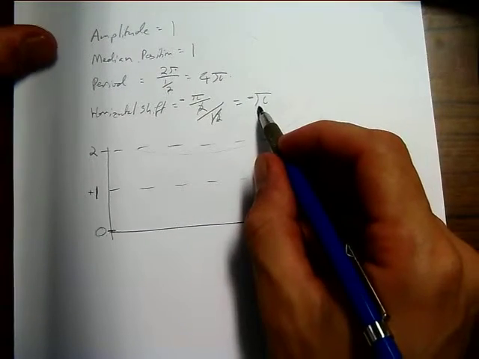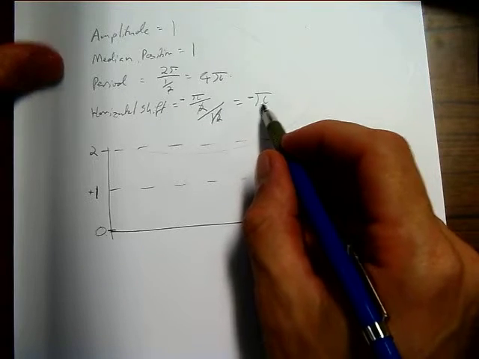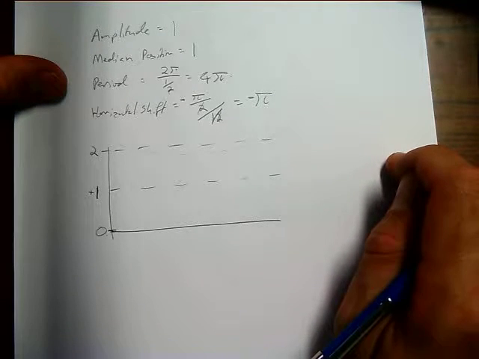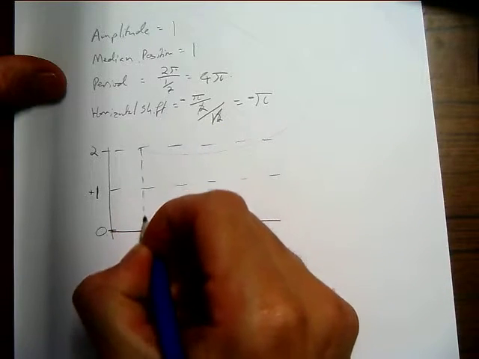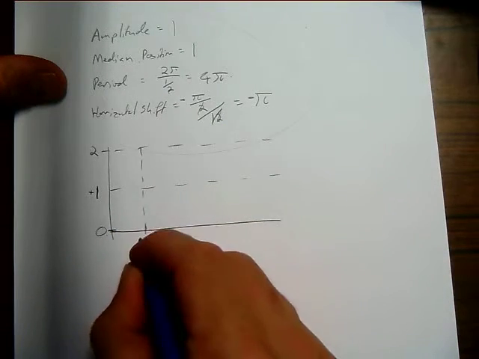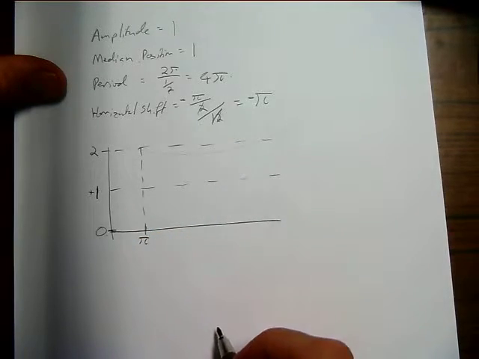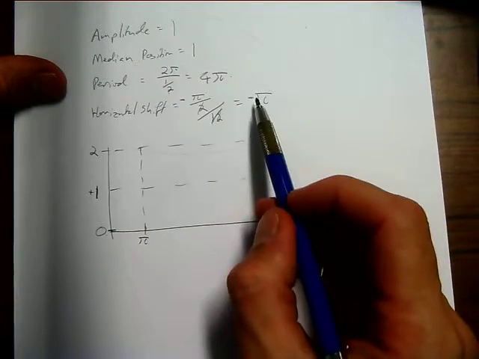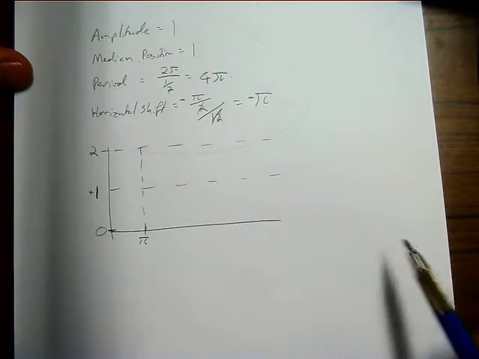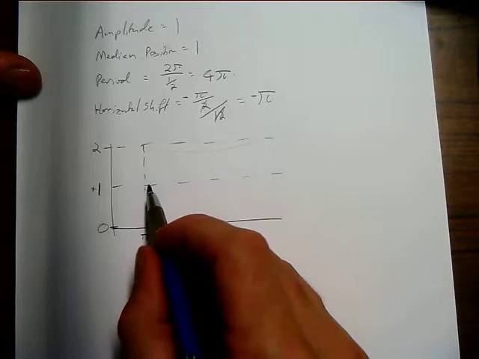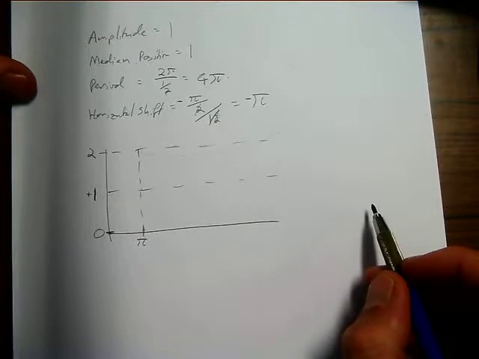Our horizontal shift, we're going across by pi. So we're moving across, that's pi there. Which way are we shifting, to the right or the left? To the right, because that's negative. And then what's our period? 4 pi.